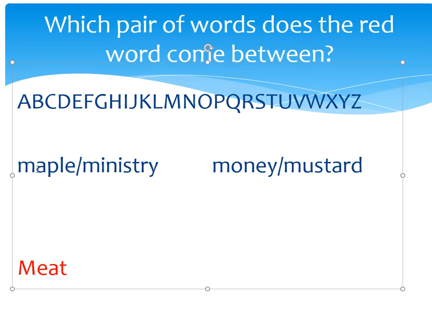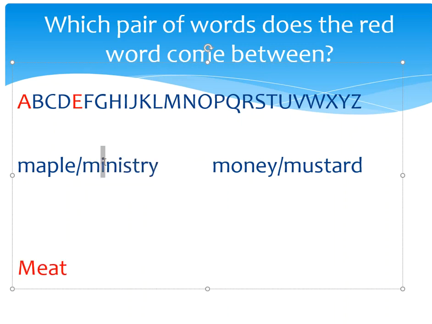Let's look at why. M-A. Does A come before E in M-E? Does A in the alphabet come before E in the alphabet? Yes. So this is the first guide word. Now the last word on the page, the second guide word, has to come after this word that we're trying to figure out if it goes on that page.